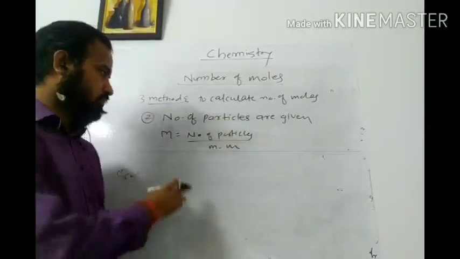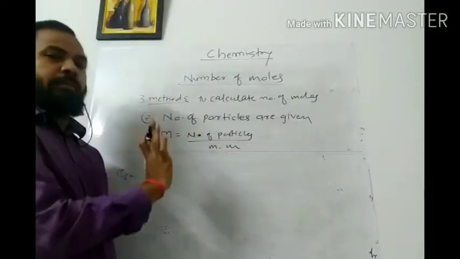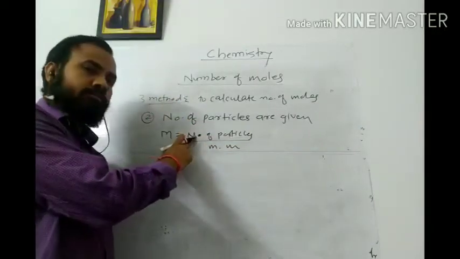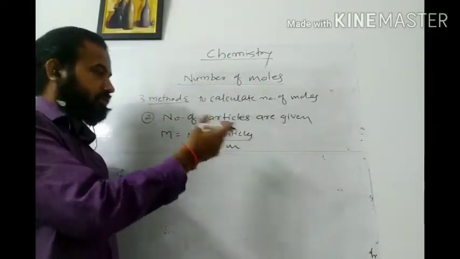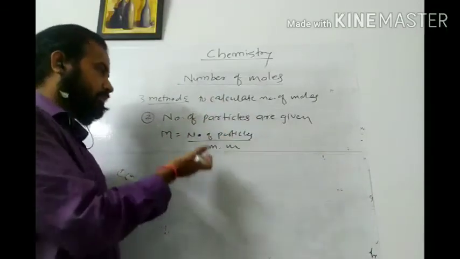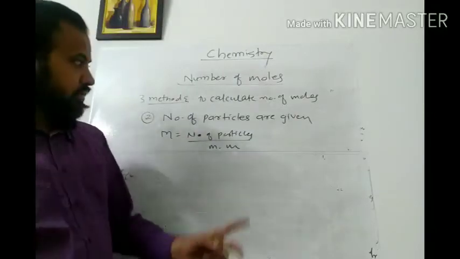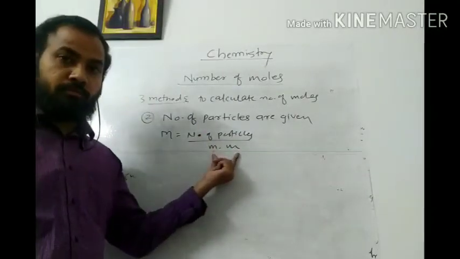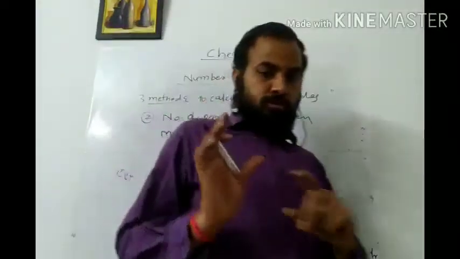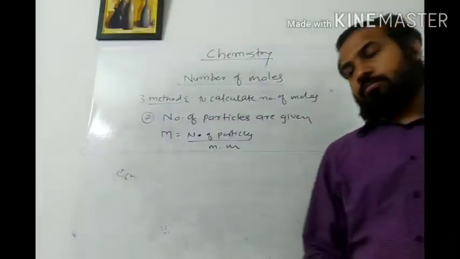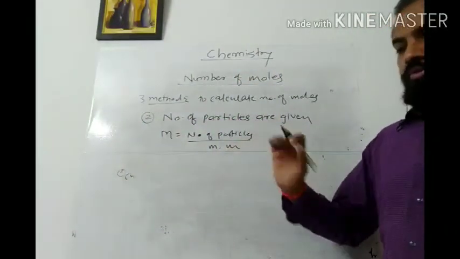Only the name of the quantity in the numerator changes. If weight is given, we take the weight of that substance. If number of particles is given, we use number of particles, because the denominator is the same, molecular mass. This means in all three methods you have to calculate molecular mass. That is why I give some more time, or 4 to 5 examples, to calculate the molecular mass. This is most important.